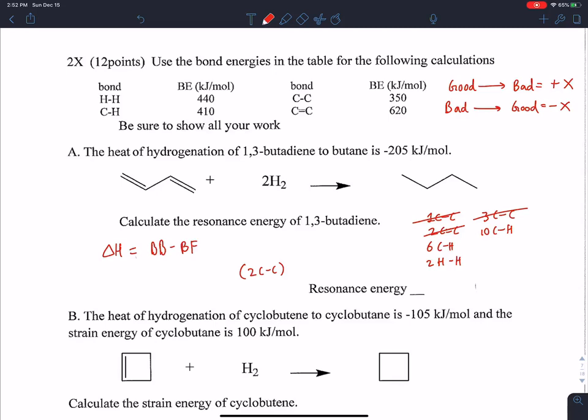So we broke 2 C double bond C. We had 6 CH and then we had 10 CH, so we formed 4 CH. Then we had 2 HH, which we don't have anymore, so that goes 2 HH. So all of this minus all of this.